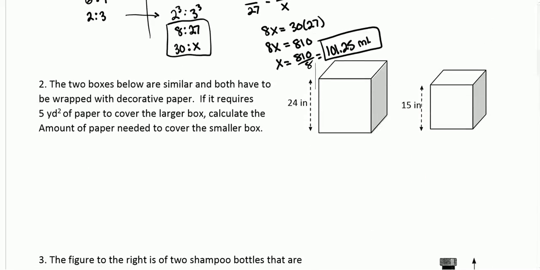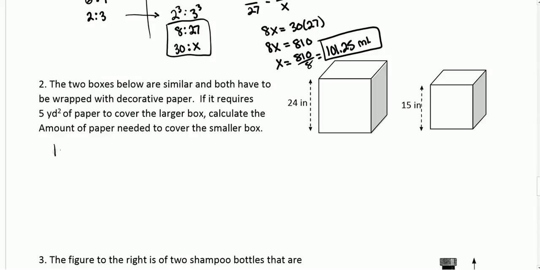Number 2, the two boxes below are similar and both have to be wrapped with decorative paper. If it requires 5 square yards of paper to cover the larger box, calculate the amount of paper needed to cover the smaller box. Notice what's drawn in is they show you the heights.